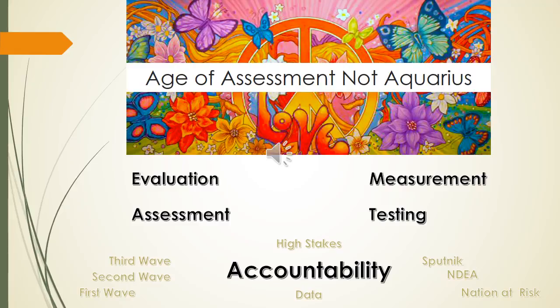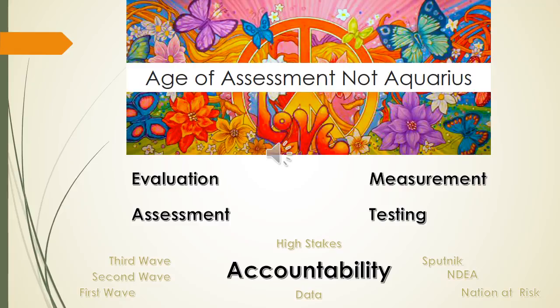And so I've put up here some words that relate to assessment, of course: evaluation and assessment, measurement and testing. And you can see on the left-hand side, evaluation, assessment, those are process words. Those suggest a systemic approach for gathering data about how kids are doing, in this case.